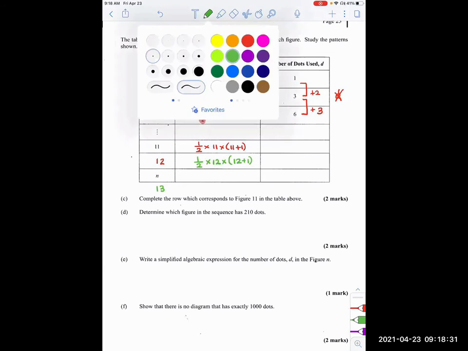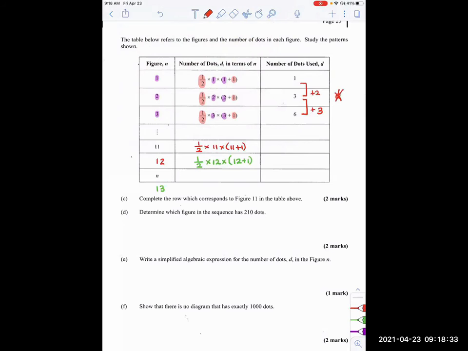All right, Andre. What do you have? 13, a half multiplied by 13 multiplied by open bracket 13 plus 1. Is there any child in the class who did not get that? No, miss. Very good.